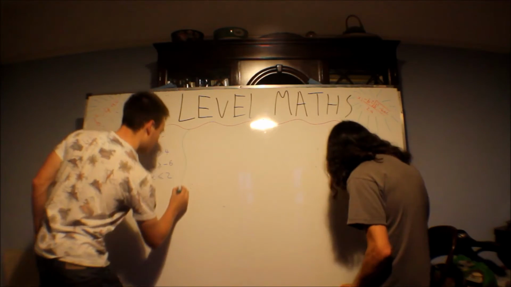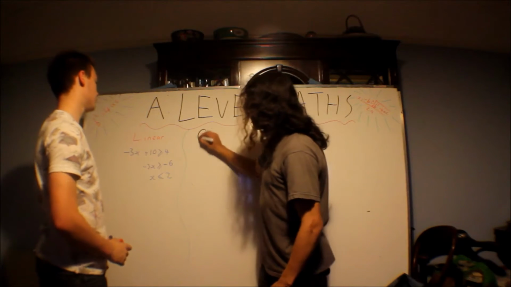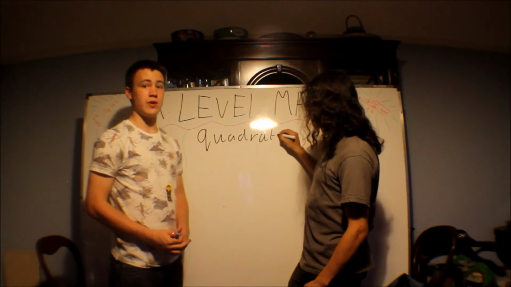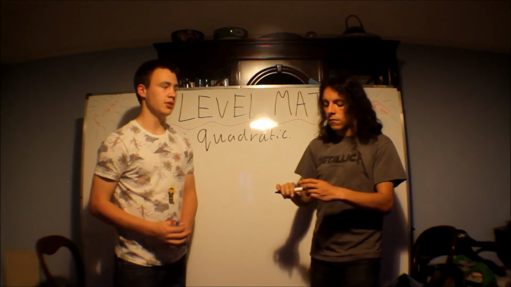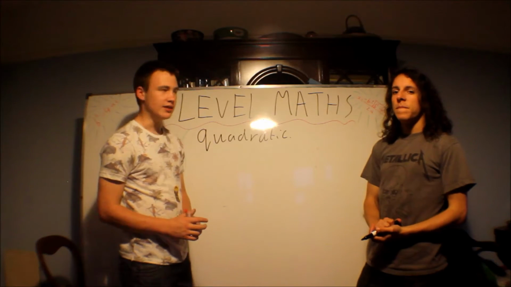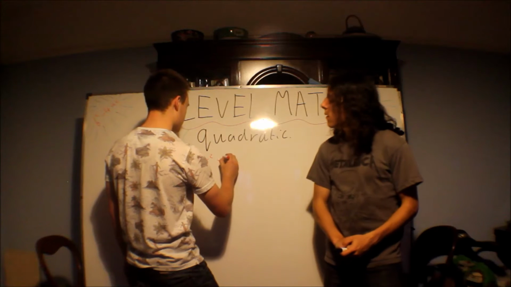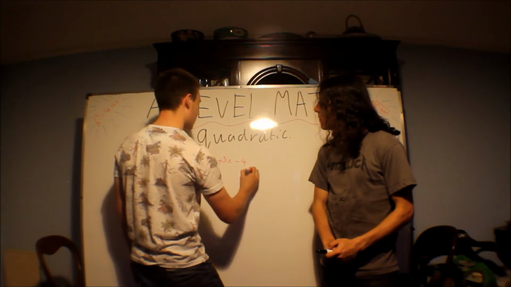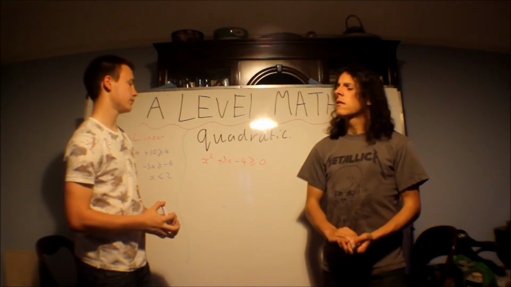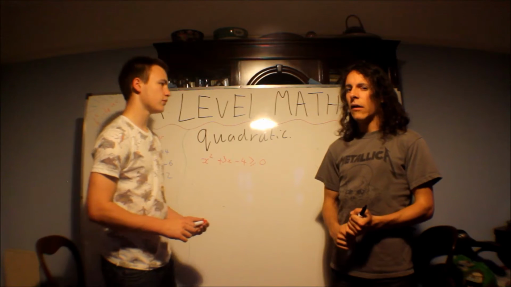Less simple are their quadratic friends. So, I'll write the title. Quadratics, x squared plus bx plus c, but with inequalities. If we have x squared plus 3x minus 4 is greater than or equal to 0, the first thing I want to know is how many values of x we will have.